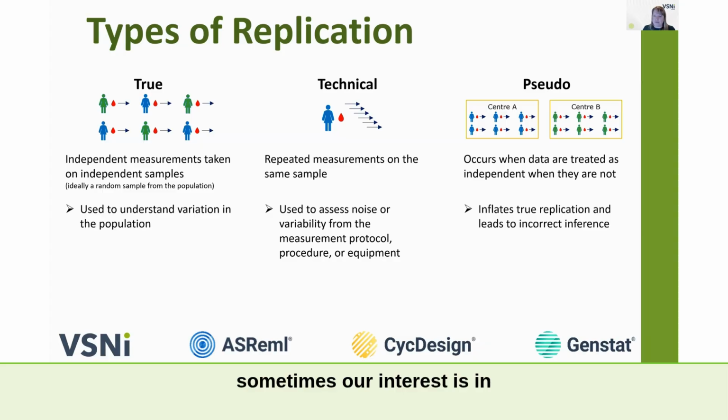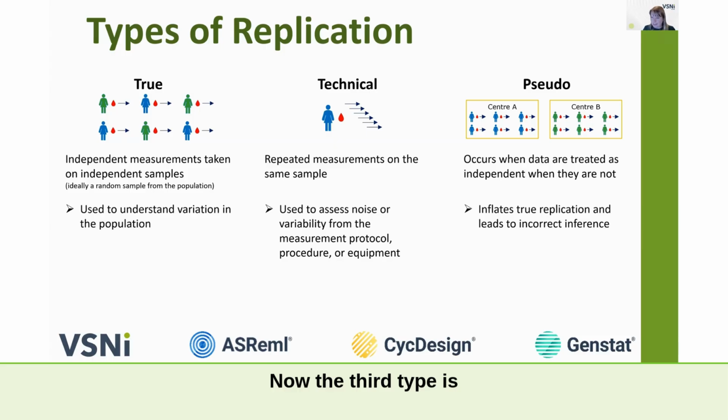However, sometimes our interest is in assessing the variability of, say, a measurement procedure or a piece of equipment, and in this case, technical replicates are of interest to us. These are repeated measurements on the same sample that allow us to assess the variability of a piece of equipment or our measurement procedure.